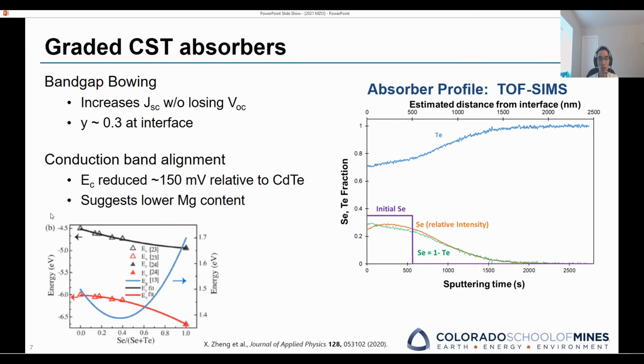Looking at the conduction band of CST, we see that if we increase the selenium content, we keep reducing the conduction band energy, and it is also expected that we will reduce the magnesium content in the MZO emitter to create an ideal conduction band offset.